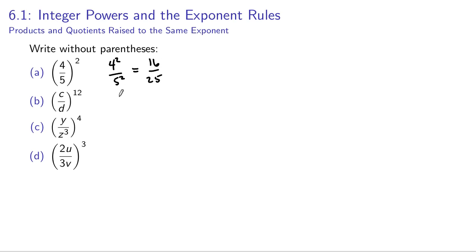Here we have c to the 12th over d to the 12th. Here we have y to the fourth over z cubed, all to the fourth power. So we multiply the exponents, z to the 12th. If that's skipping a step for you, instead of skipping the step, write it out: z cubed to the fourth.